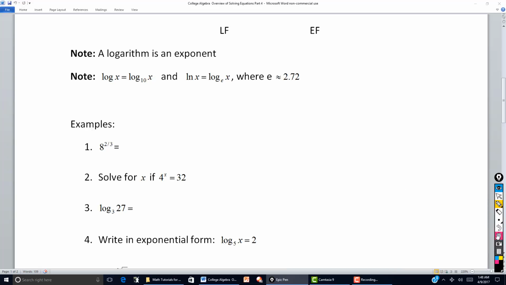Let's do this. Now the next one, log of 27 to base 3 is equal to what number? If you look at the definition of log, I want the exponent that you have to take this 3 to, to get 27. That's just using the definition of log. Well, that's going to be 3, right?